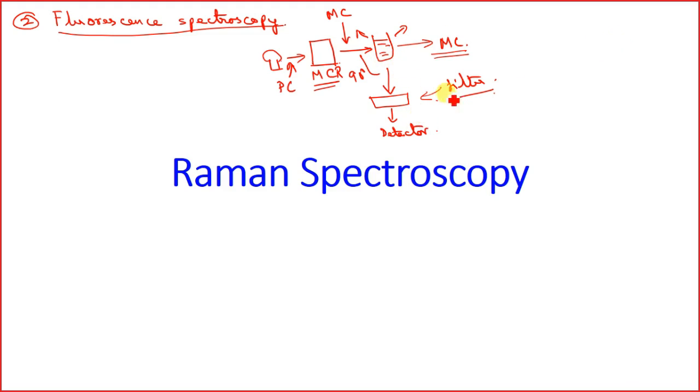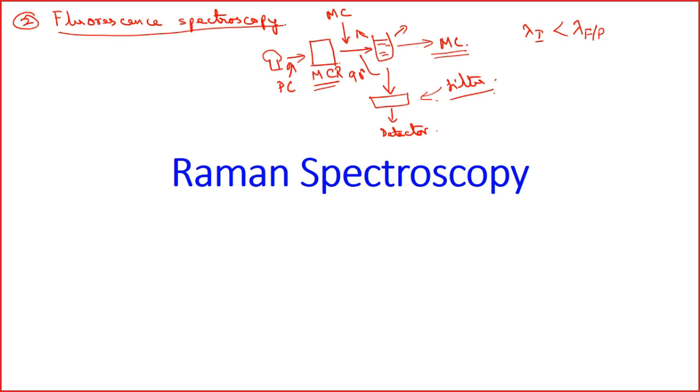The wavelength of the incident light is lower as compared to the wavelength of the fluorescence or the phosphorescence spectra. Okay. So why is that happening? We have already discussed that there is a decrease in the energy content of the photons which are being emitted from the samples. Okay.